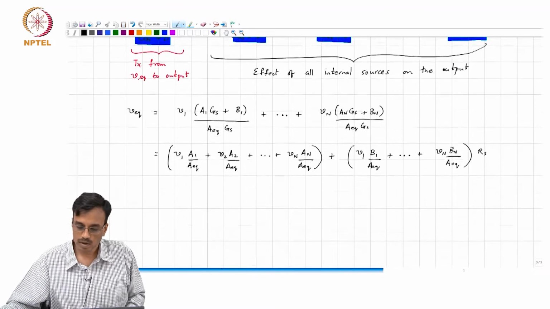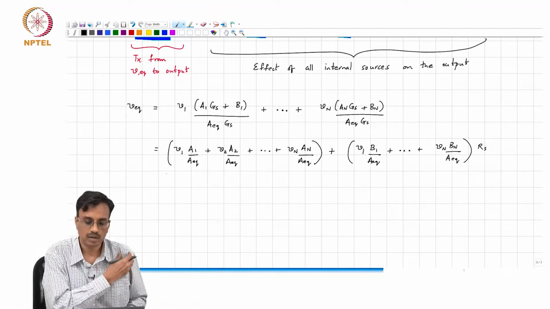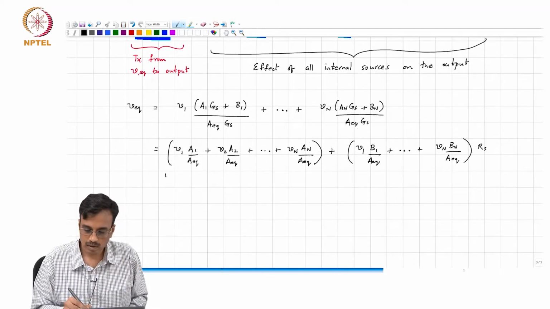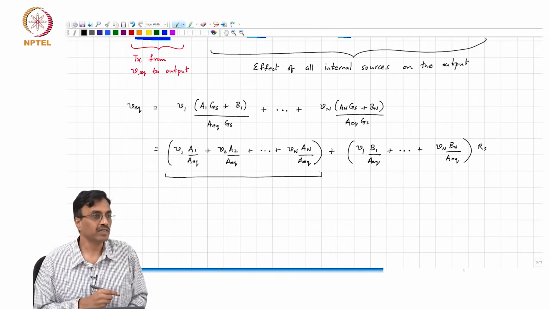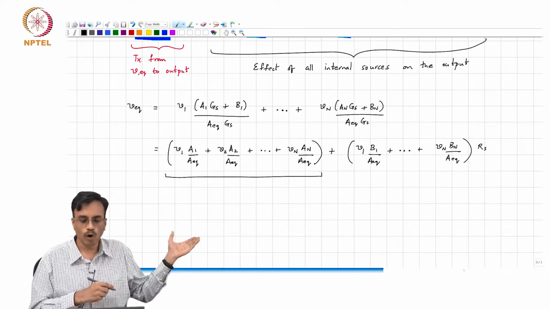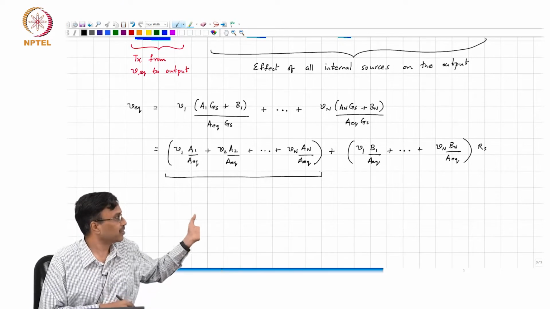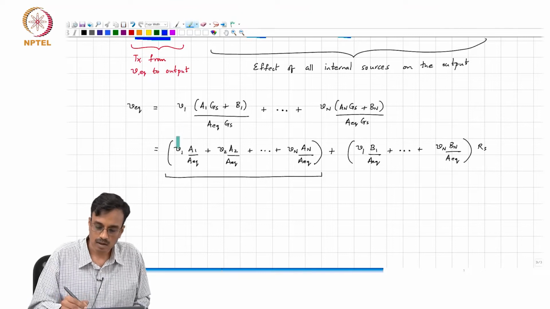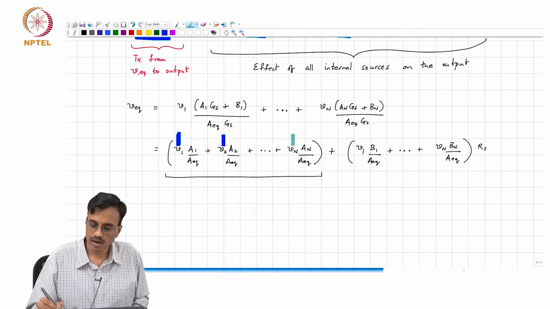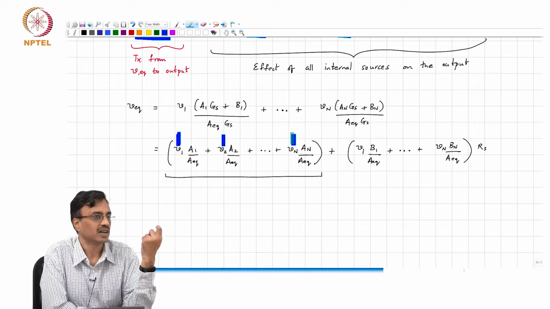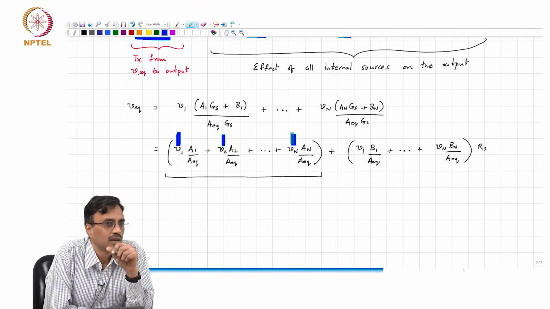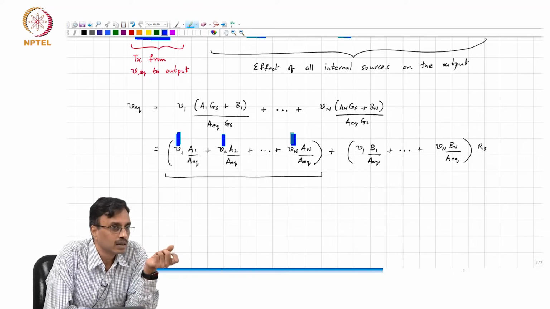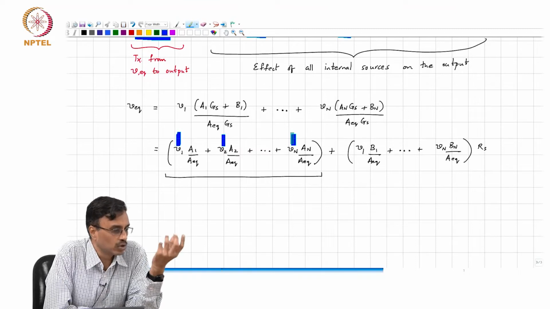So what are the dimensions of this? It's some voltage, and obviously the strength of that voltage source depends on the strengths of V1 through Vn, which are the internal sources, right.